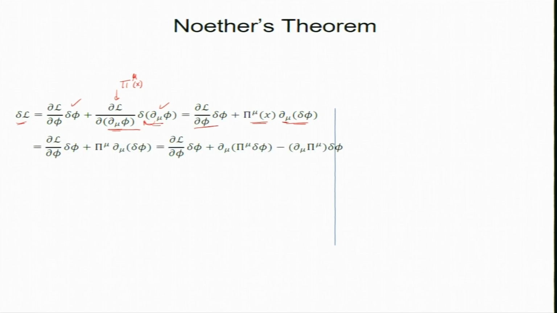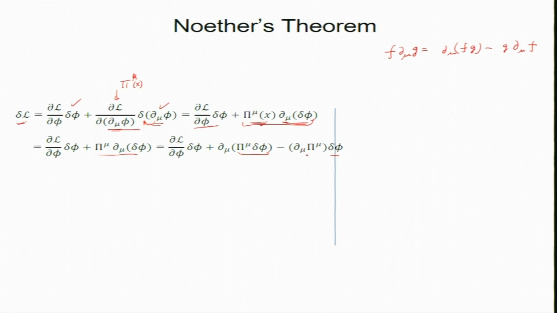Now this term is a derivative of the second function, it is of that form. So, now we are going to use the product rule. This part is rewritten as the derivative of both, f g, minus the derivative of the first function times g, that is, f ∂_μ g = ∂_μ (f g) − g ∂_μ f. I am basically doing nothing more complicated, this is the product rule.